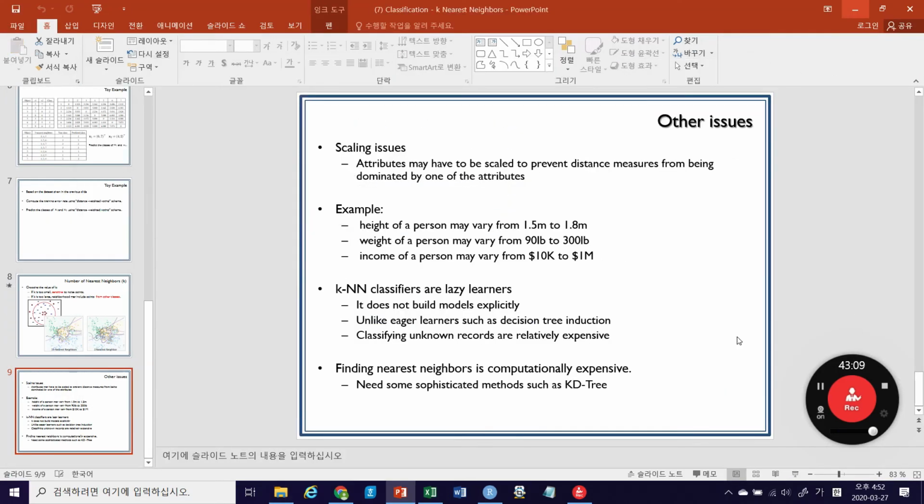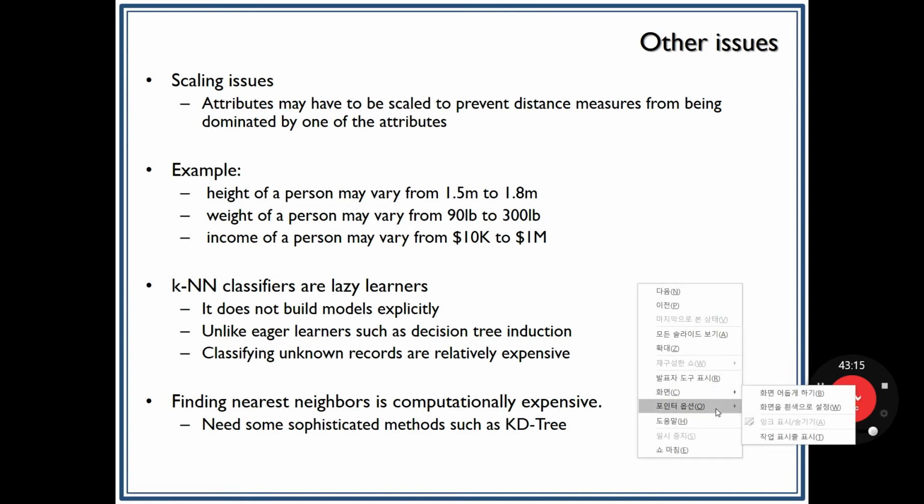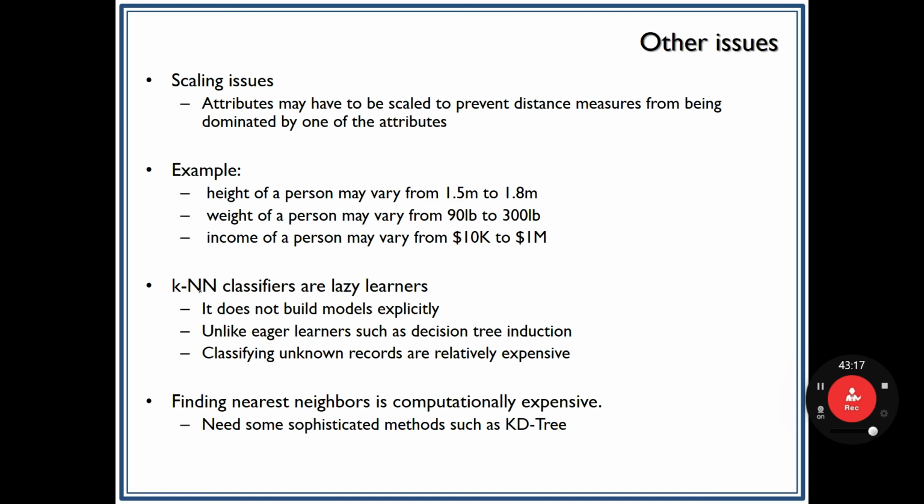So there is a scaling issue, and KNN classifiers are lazy learners. This one is a lazy learner. Why? Because it does not build models explicitly.